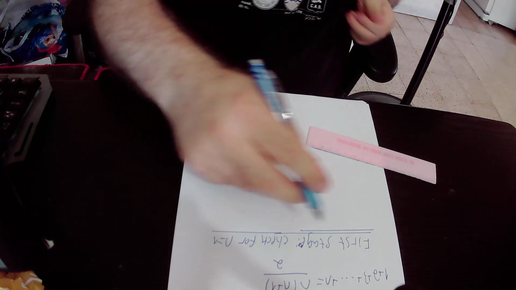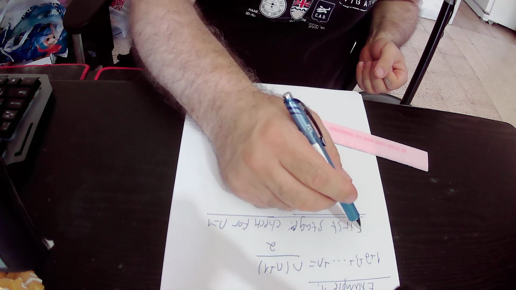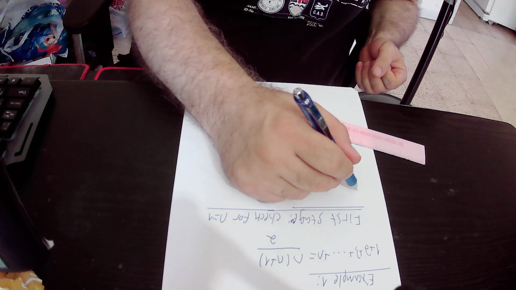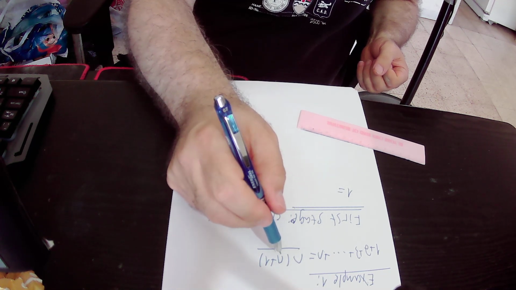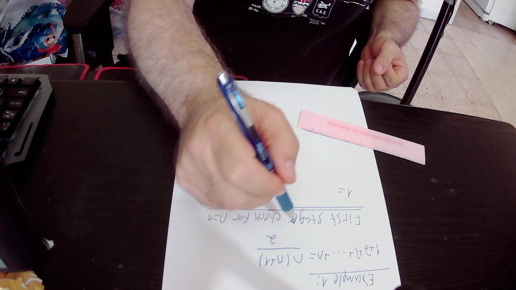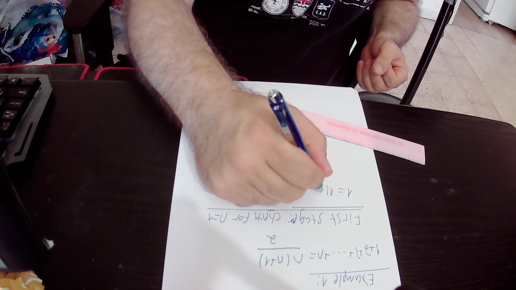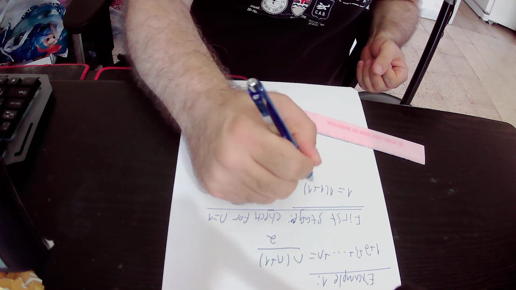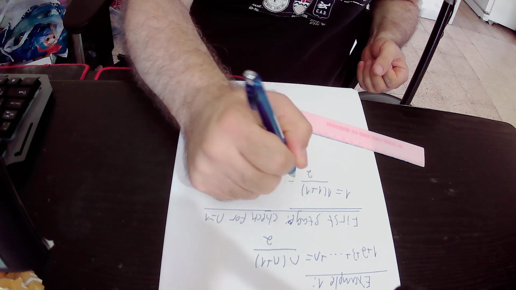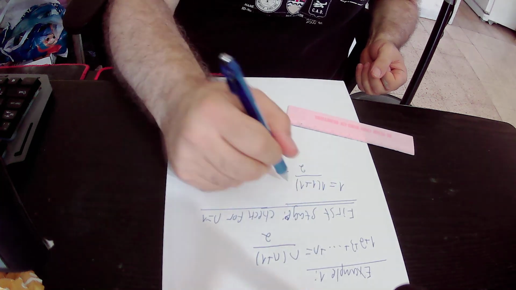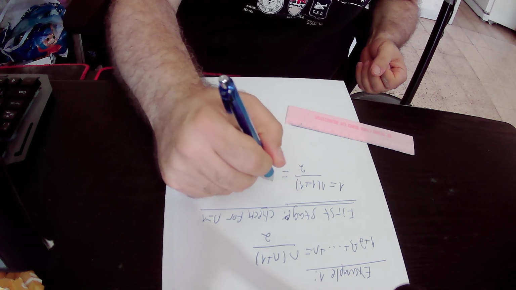So on this side of the equation we will have 1, because n equals 1. Here it is n times (n plus 1) divided by 2, so n is 1. So it is 1 times (1 plus 1) all divided by 2, which equals 1 plus 1 is 2, and 2 times 1 is 2.